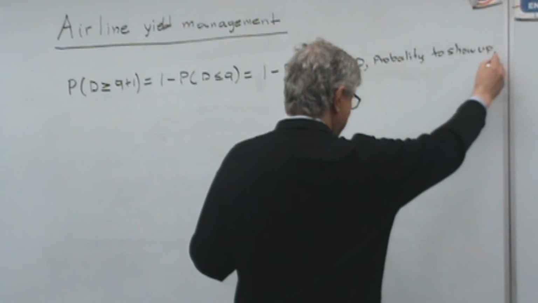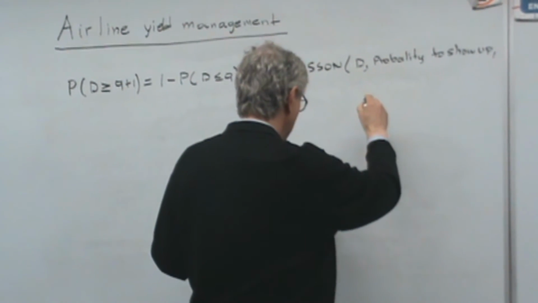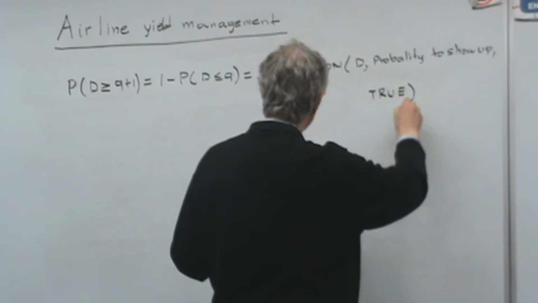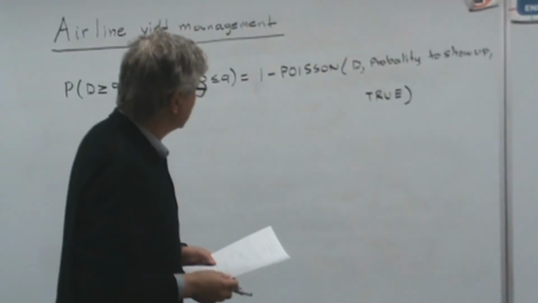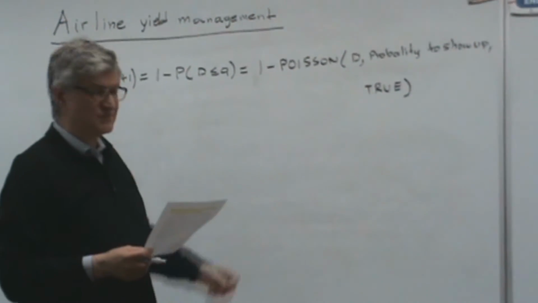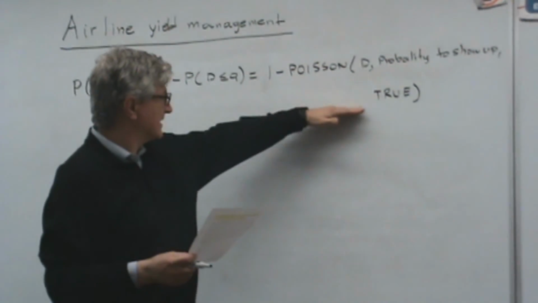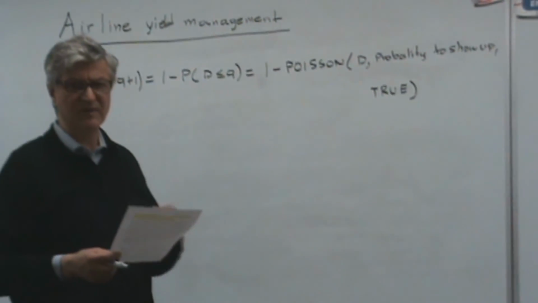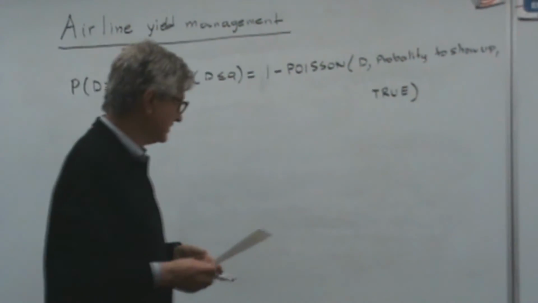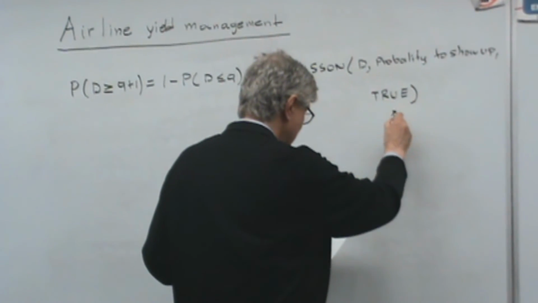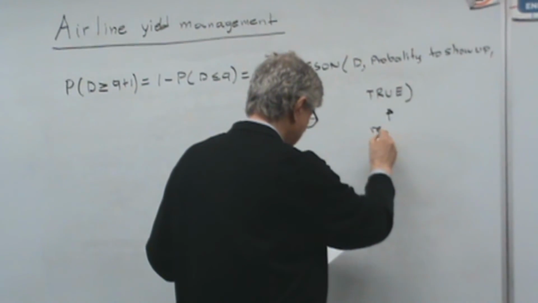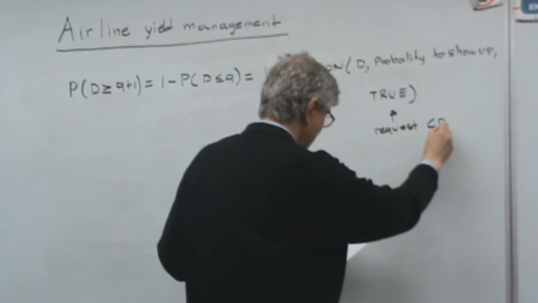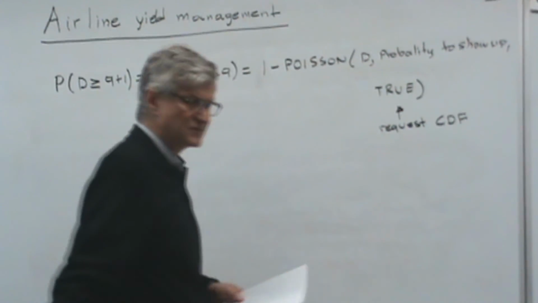And the last argument is true. True means that we have a cumulative distribution. We are asking Excel to determine the cumulative distribution rather than the probability density function, okay? So true means that we are requesting the CDF, cumulative distribution function.